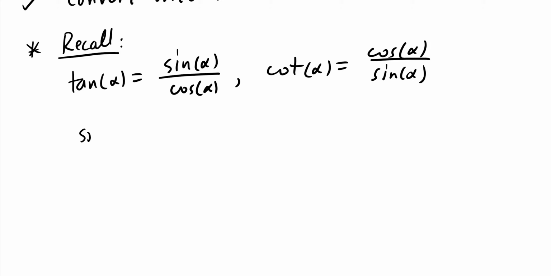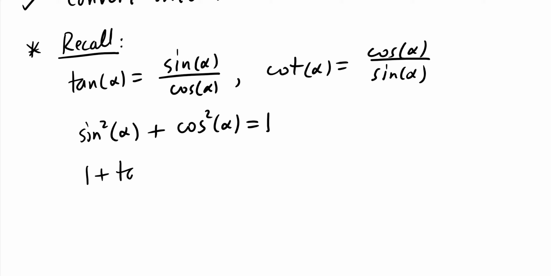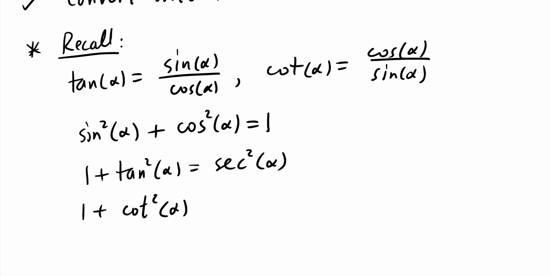We have the most important identity, sine squared alpha plus cosine squared alpha is 1. And remember, from this you can get two more identities: sine squared is 1 minus cosine squared, or cosine squared is 1 minus sine squared. We have 1 plus tangent squared is secant squared, or 1 plus cotangent squared is cosecant squared.